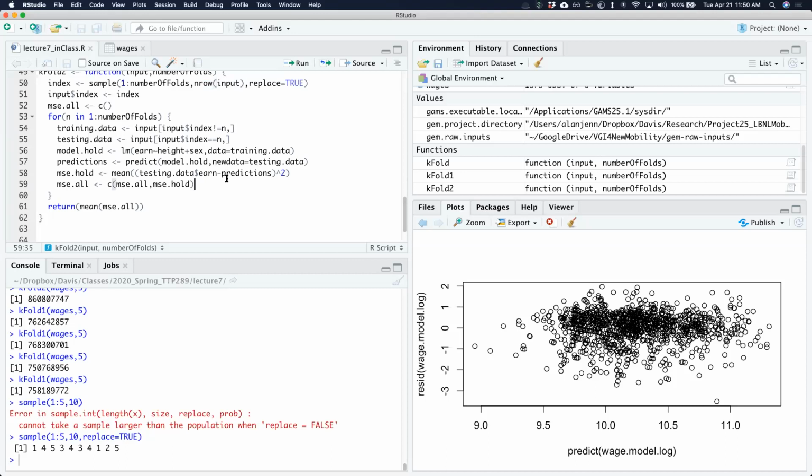Alan, I have a question. In the procedure for doing k-folds, you used MSE, but could you use other metrics like R squared? Yep, absolutely. Some of the procedures we're going to look at will do a similar type of thing, but not just with MSE.